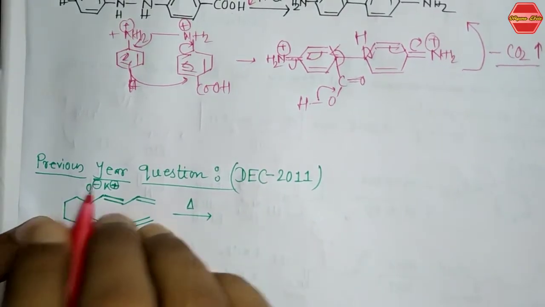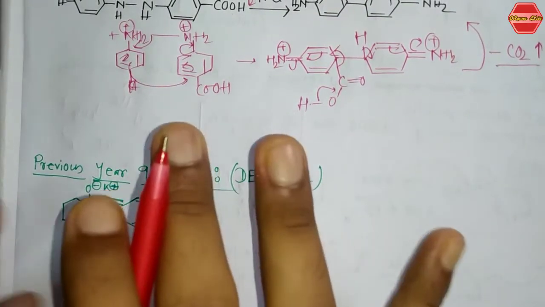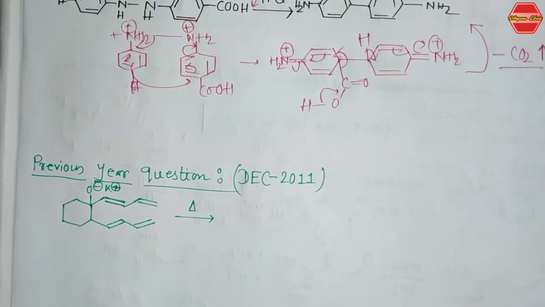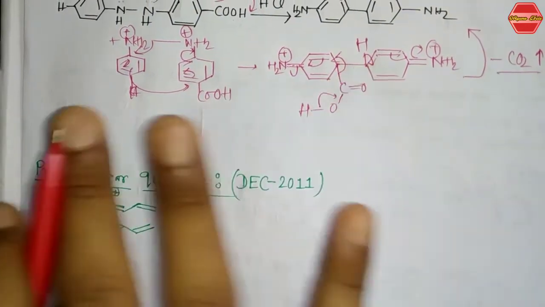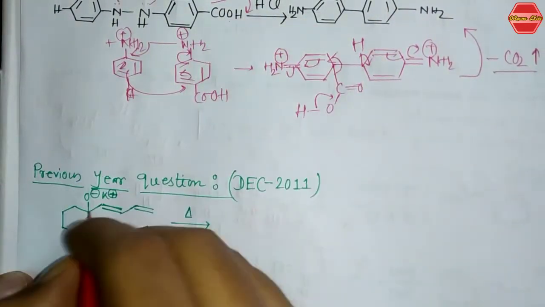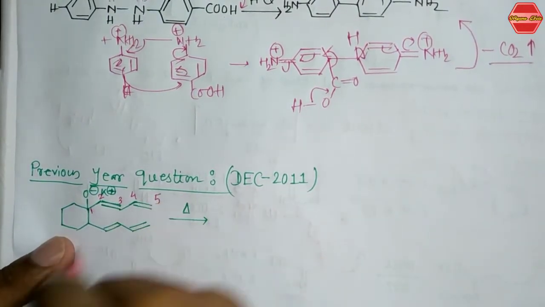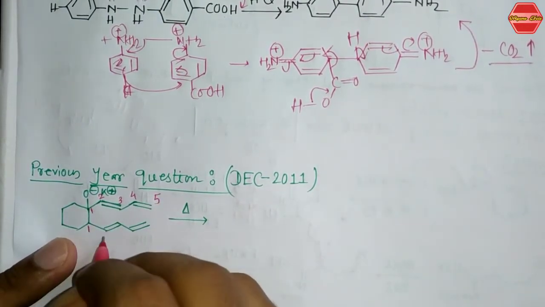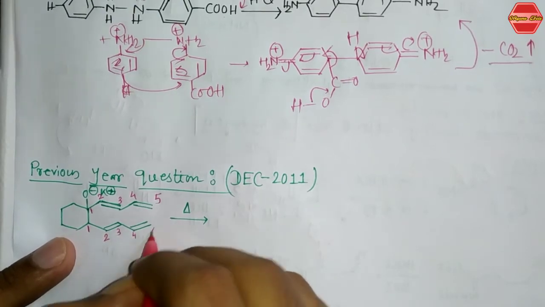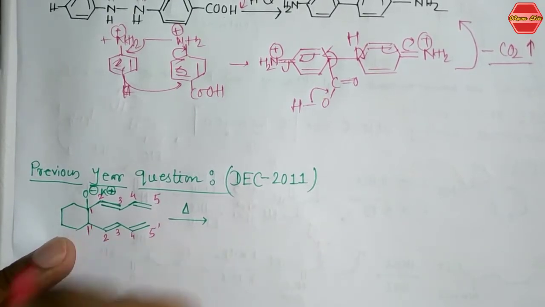Now if you do the numbering of this reaction carefully, then you can easily predict what will be the product. This is your 1, so this is your 2, 3, 4, and this is also your 5, and similarly you can write here 2, 3, 4 and 5 prime, in this way.